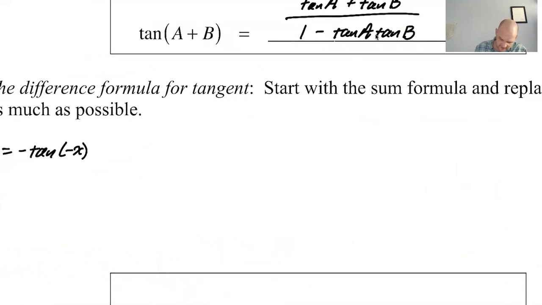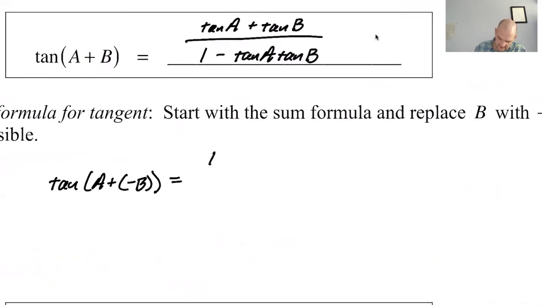So if I'm going to find the tangent of A plus negative B, same deal as last time. It's going to be the tan of A. I don't know why I'm willing to abbreviate tangent, but not any of the other trig functions, but it's a fact.